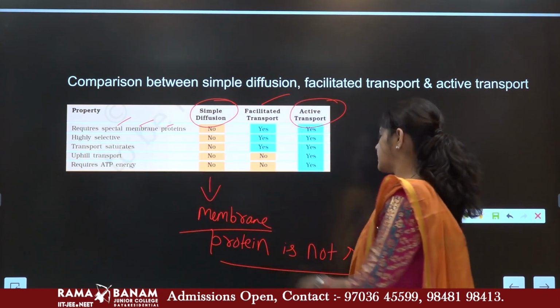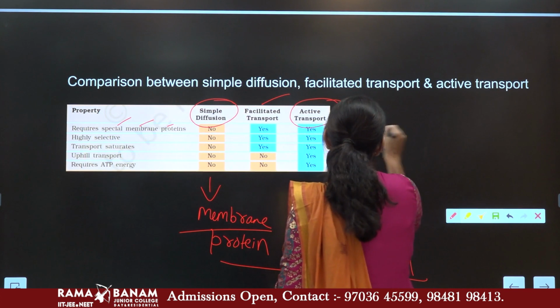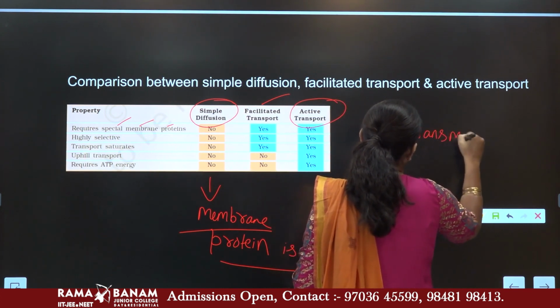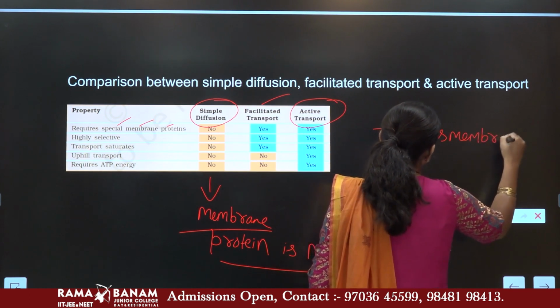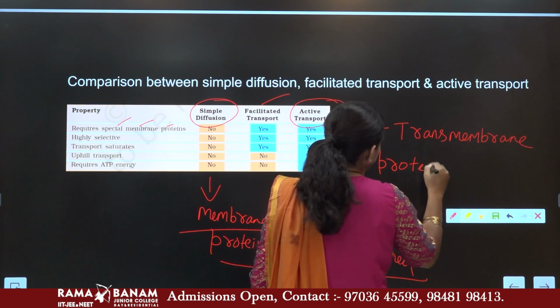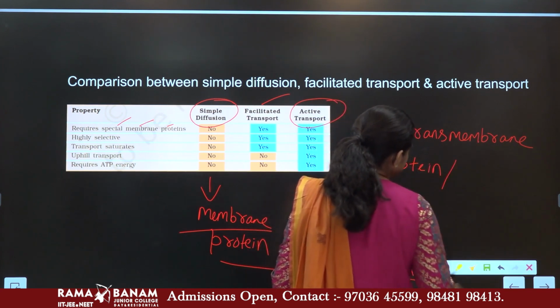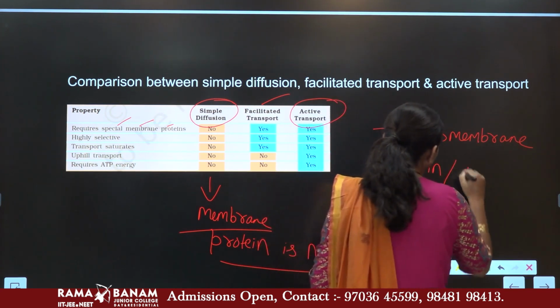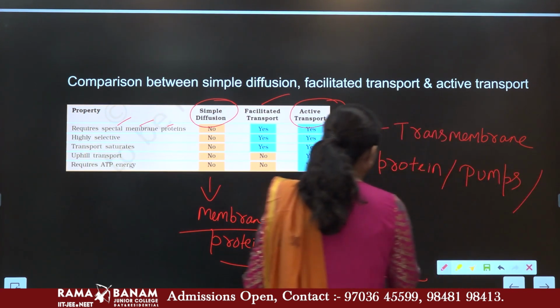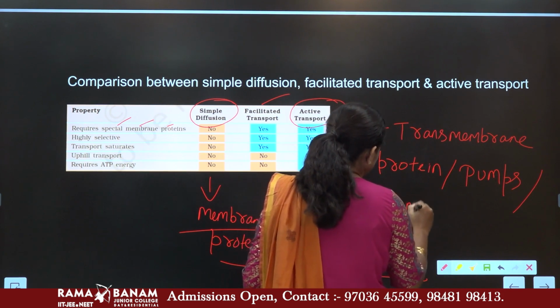Student, the membrane protein is also called the transmembrane protein, or they are also called pumps and channels.